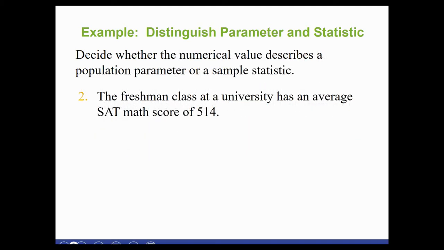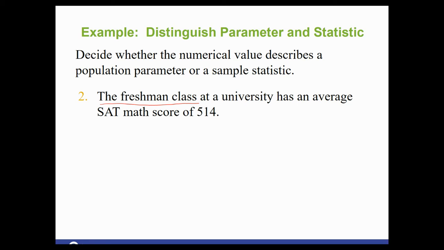Example 2. The freshman class at a university has an average SAT math score of 514. So again, you start by asking yourself, is it a population or a sample? This time we're talking to the freshman class.